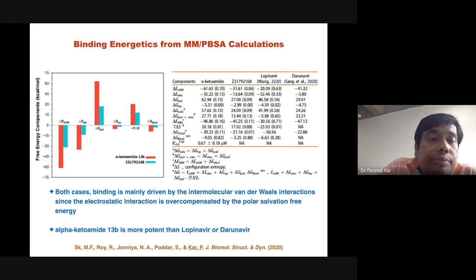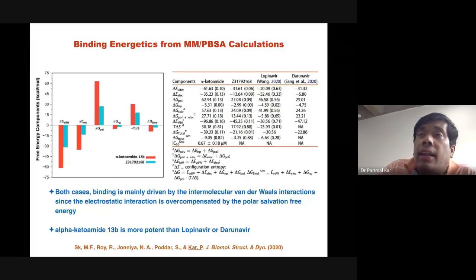Now this figure is very important, and this table is represented in the bar plot, the same thing. The question is why alpha ketoamide 13b is more potent, or why it has a better binding affinity compared to Z3179268.